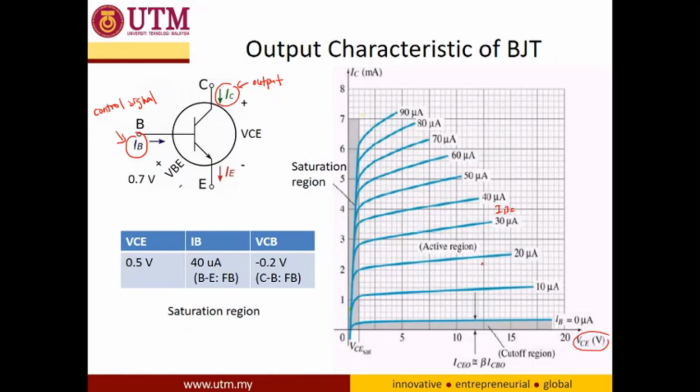What was done is, first we flow the base current and fix it at 30 microampere, and then we vary VCE from 0 until, for example, around 12 volt, and for each VCE, the collector current is measured and plotted.